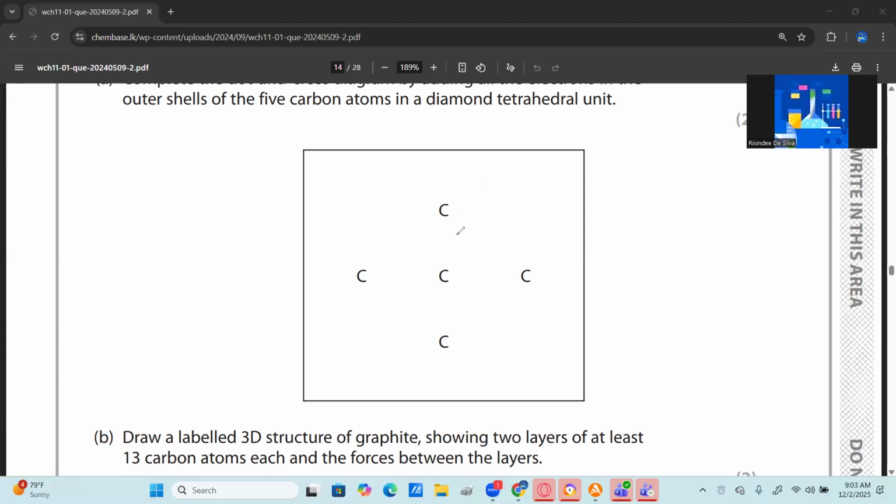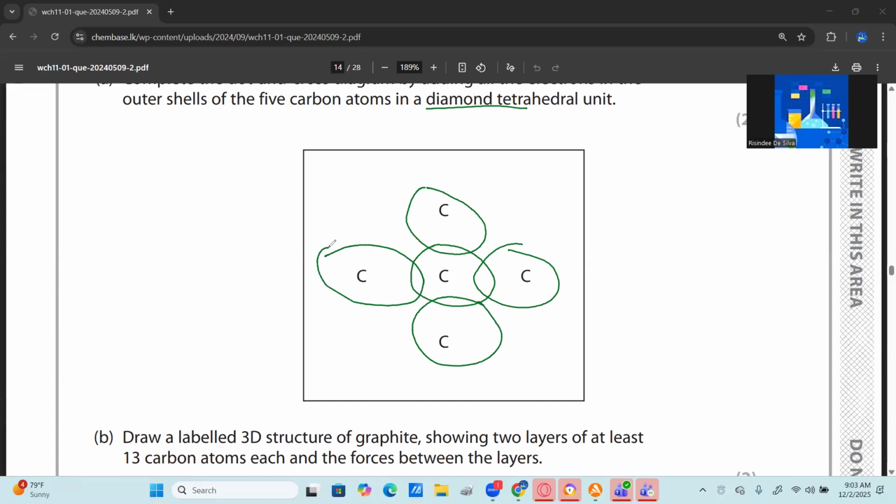If you draw the structure, we know in diamond, each carbon atom is bonded to 4 other carbon atoms. So if you take the middle one, we know that each carbon atom is forming covalent bonds. So it should be drawn like this. Here also, this one will also have 4 bonds with other carbon atoms.